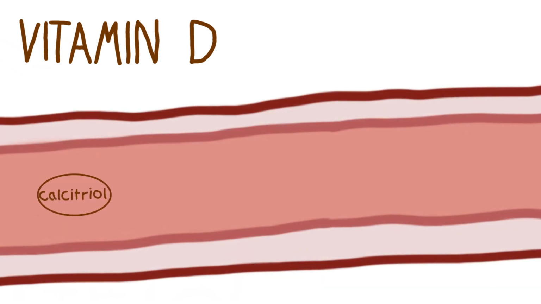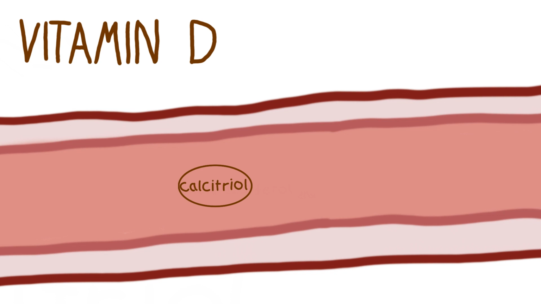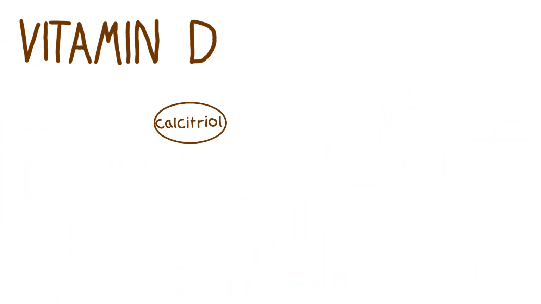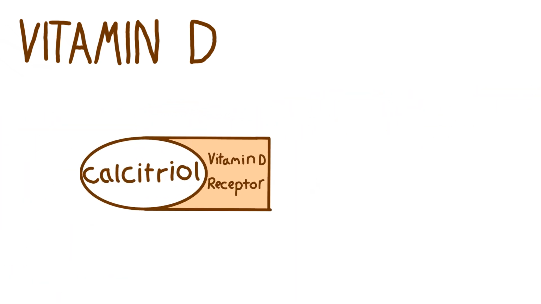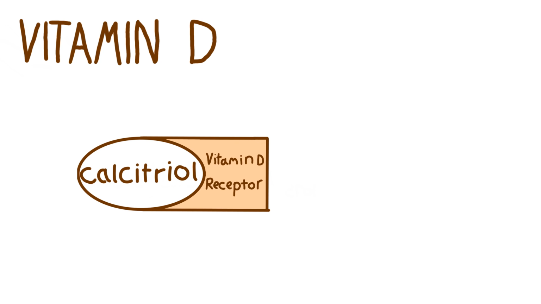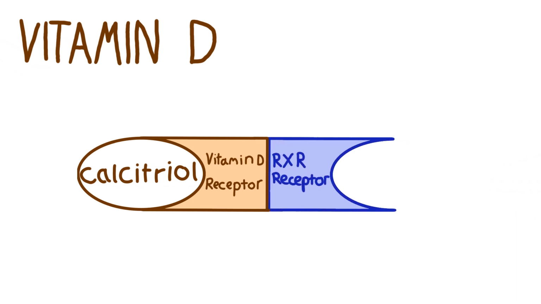Now that our vitamin D is finally active, it circulates in the blood and acts like a hormone. When it reaches the cell, it binds to the vitamin D receptor, also called the calcitriol receptor. This whole thing then forms a big complex with the retinoid X receptor, or RXR receptor.